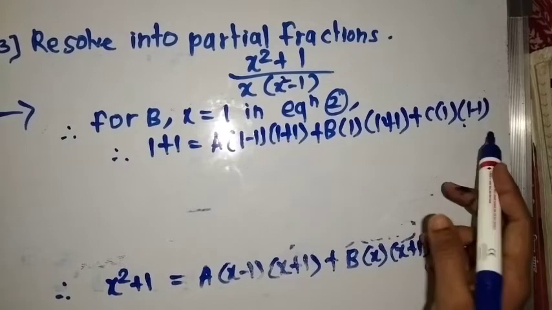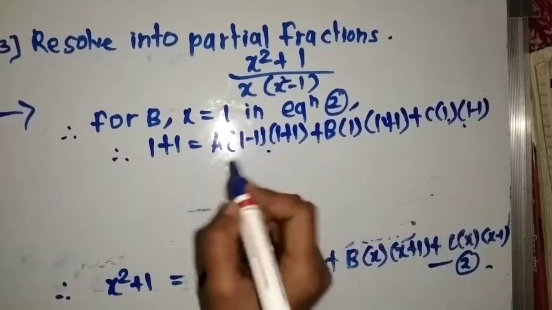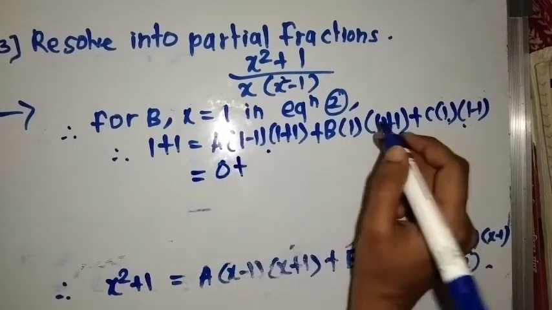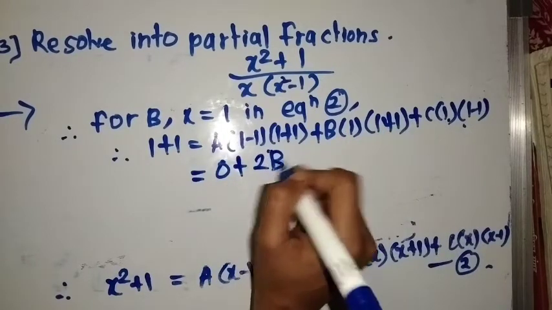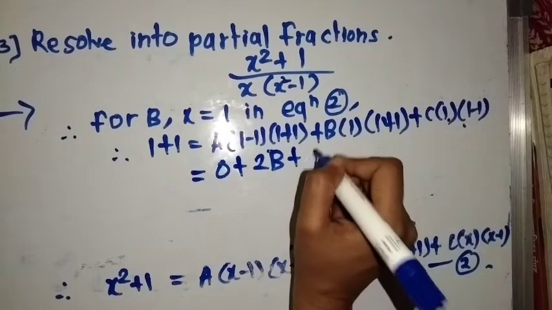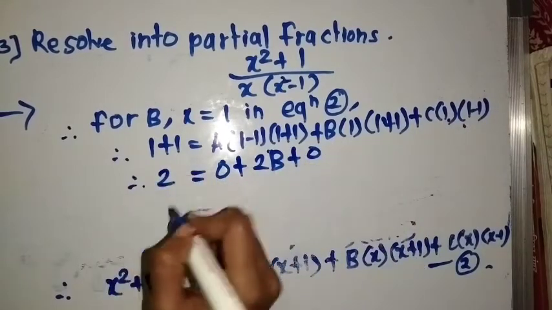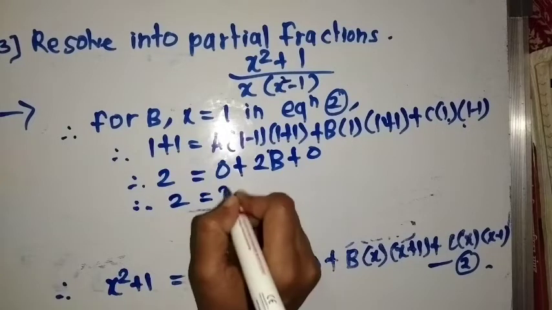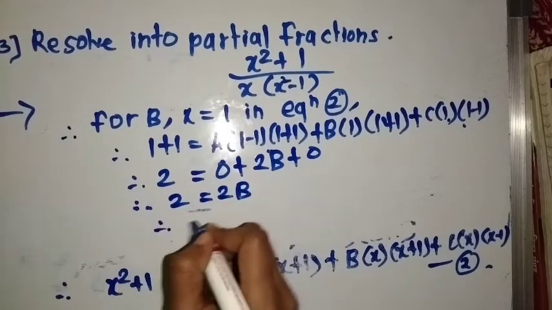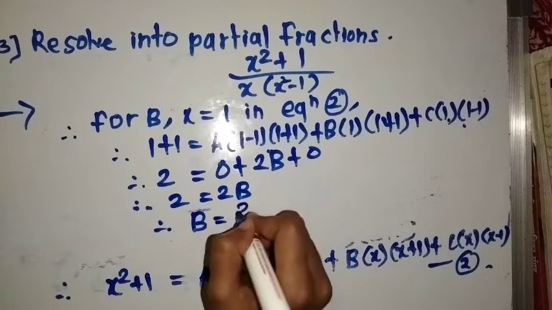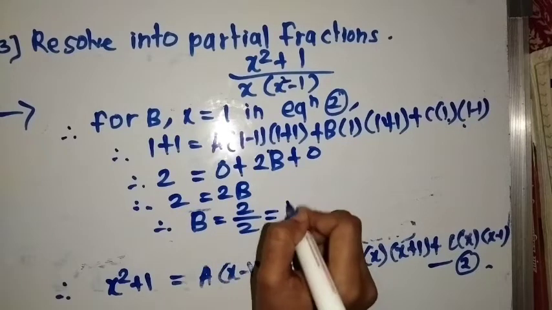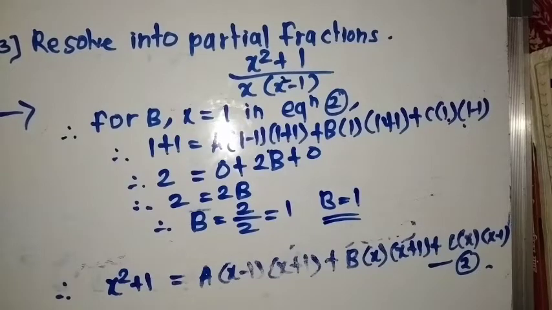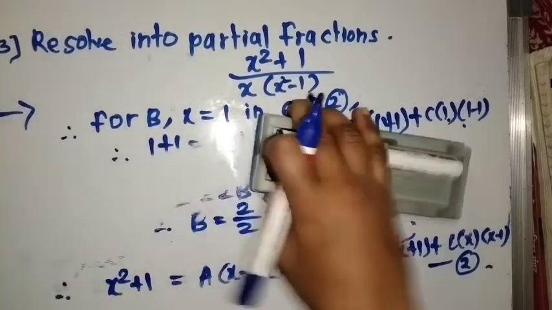So this and this will be 0, and we get 0 plus 1 plus 1, 2b, plus 0. Hence we get 2 is equal to 2b. Hence b is equal to 2 upon 2, which is 1. So we get b is equal to 1. Also find out c.